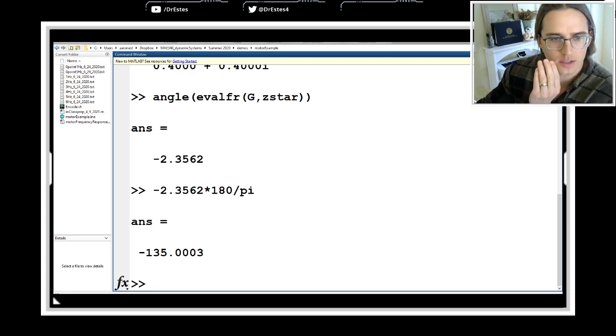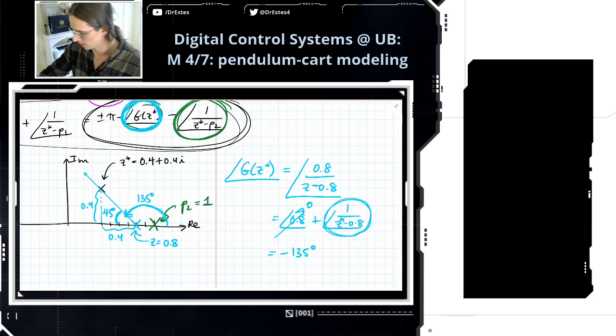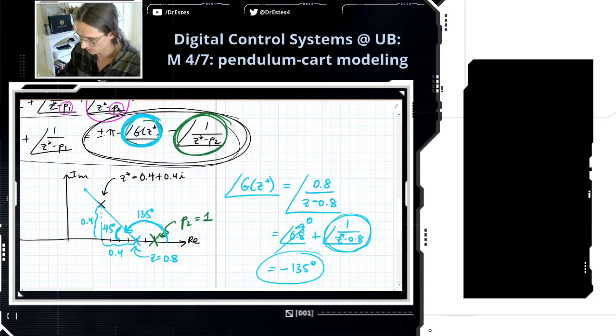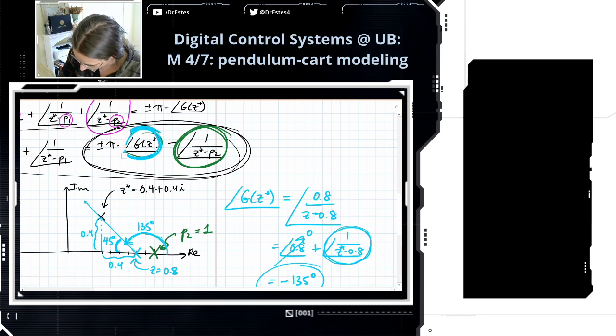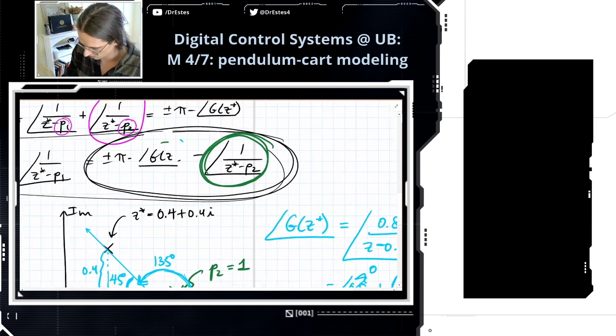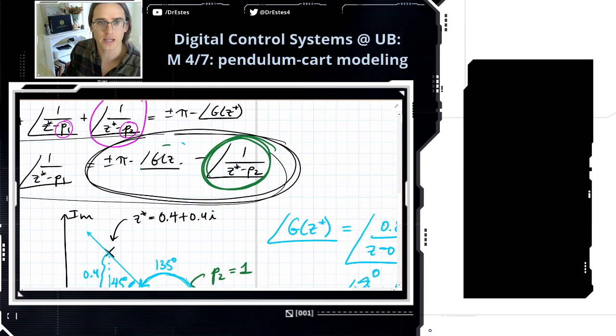Okay, so let's go back over here. So it's minus 135 degrees, but up here you have minus G of z. So I have minus of a negative number. Because remember, this was minus G evaluated at z star.